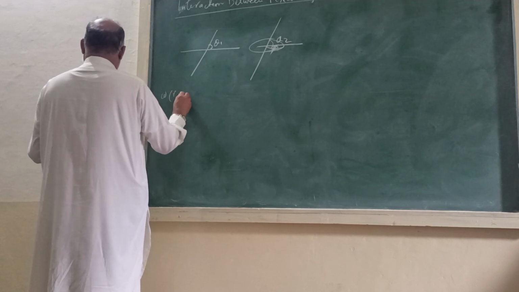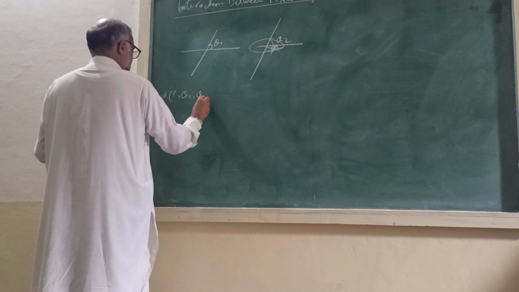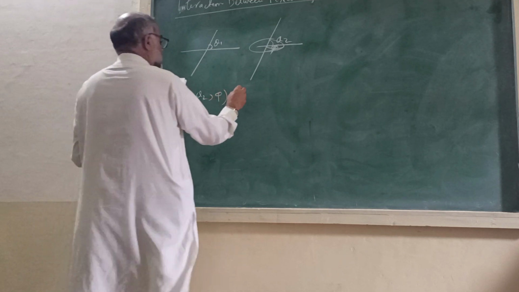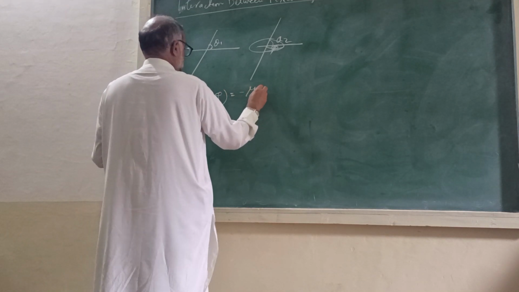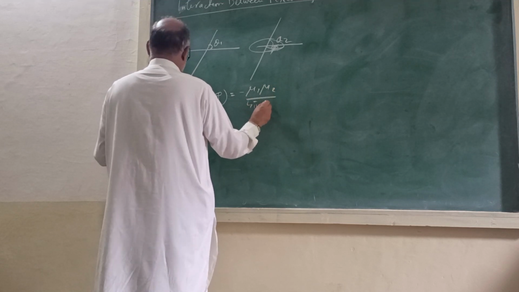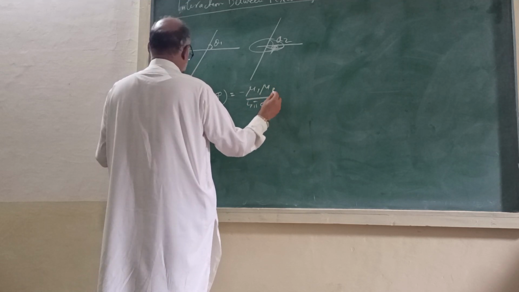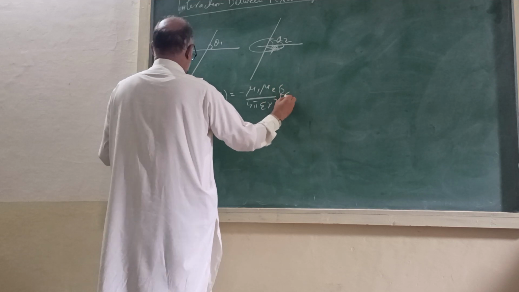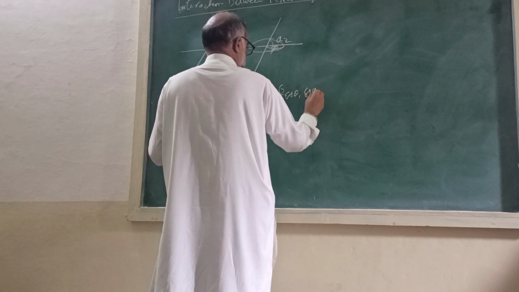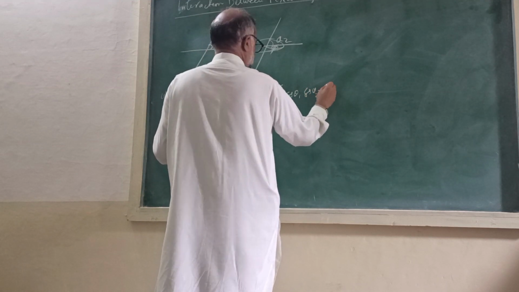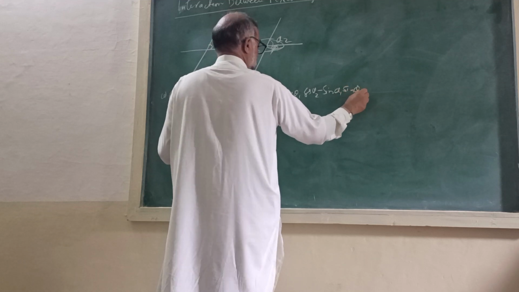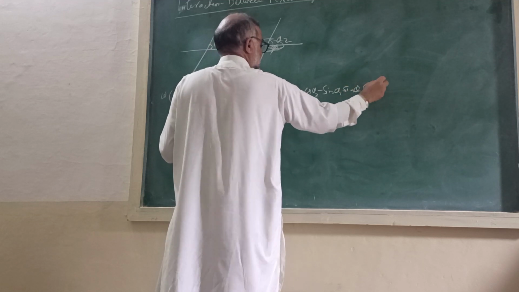I will just write what has been calculated in the book: mu1 mu2 divided by 4 pi epsilon r cube, times 2 cosine of theta 1 cosine of theta 2 minus sine of theta 1 sine of theta 2 cosine of phi.